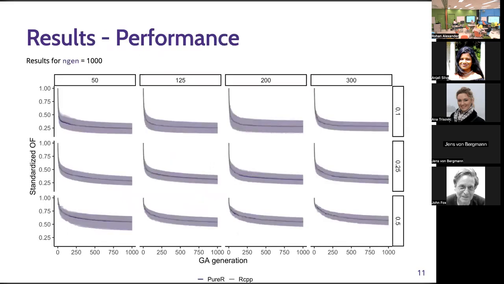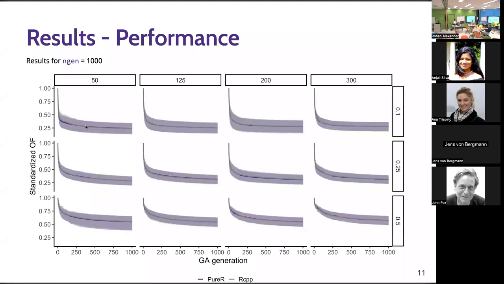In terms of performance, I'm focusing only on when the number of generations is equal to 1,000. Here on the y-axis is the standardized objective function, because I have different initial data sets. The initial populations are always the same, but because one runs in R and the other runs in Rcpp, the random number generators and whatnot are different. So they won't necessarily match 100%, but as you can see, they are close enough.